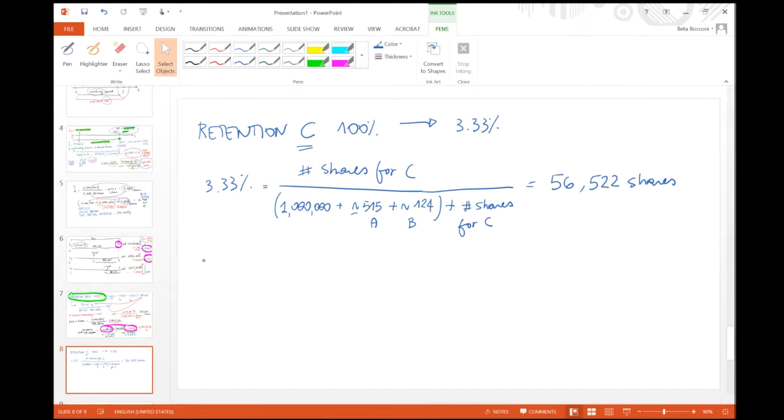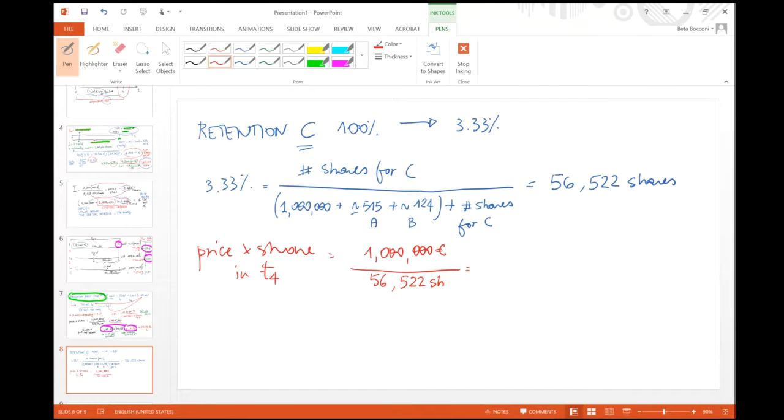So the price per share paid for round 3 in T4 will be essentially your investment, 1 million euro, divided by 56,522 shares.